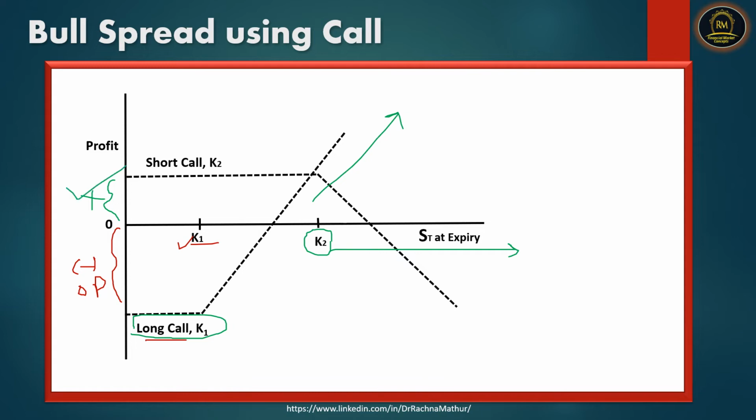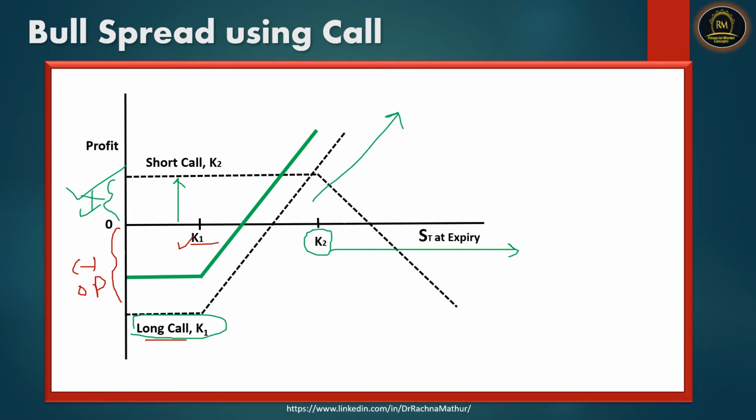So if the market, instead of going up, goes down, the long call will expire worthless with a limited loss equal to the option premium, and the short call will have a limited profit equal to the option premium.